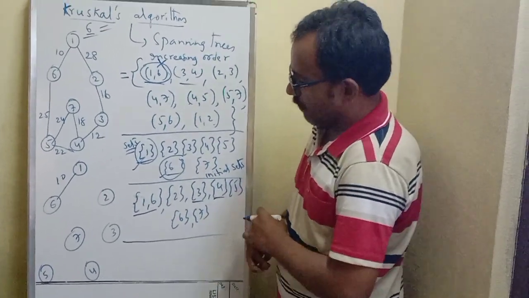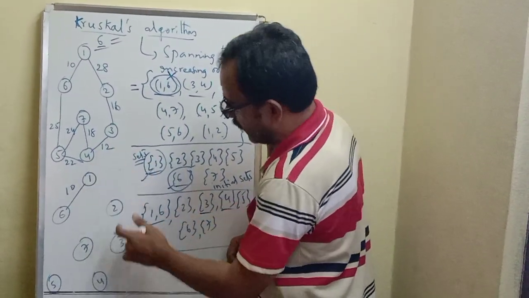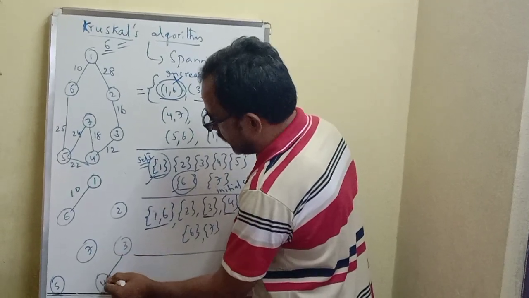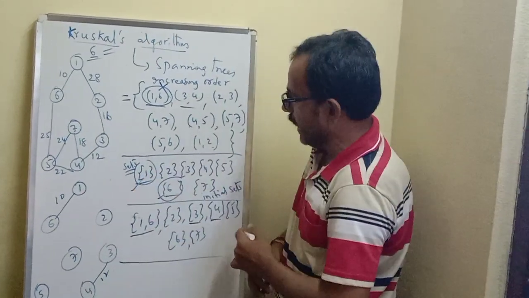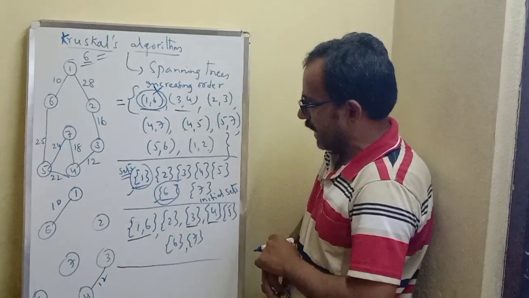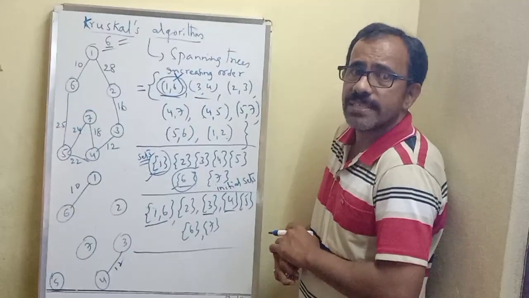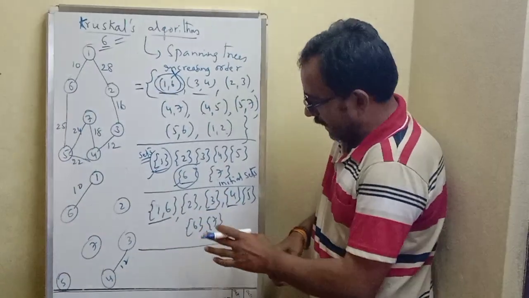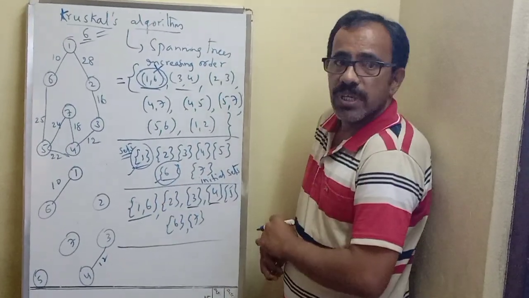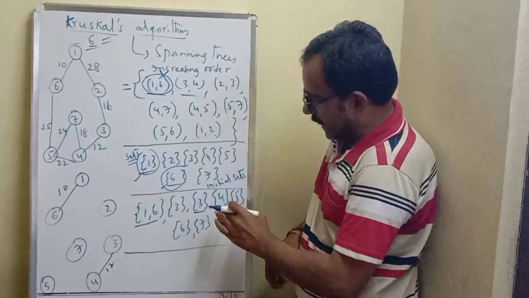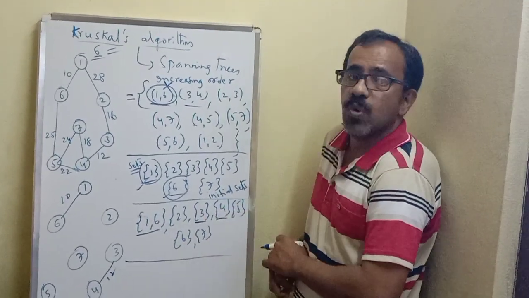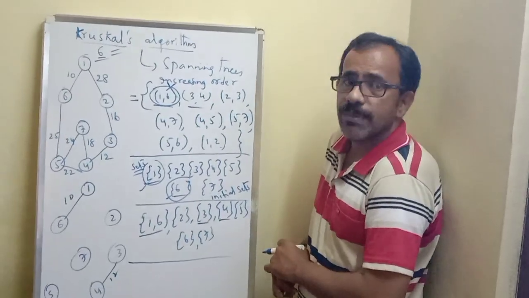Now verify how 3 and 4 are connected in the graph. 3 and 4 are connected in this line, with weight 12. Then after adding 3, 4, whatever addition happened on screen, immediately update the sets also. Combine the 2 sets containing 3 and 4 as members.